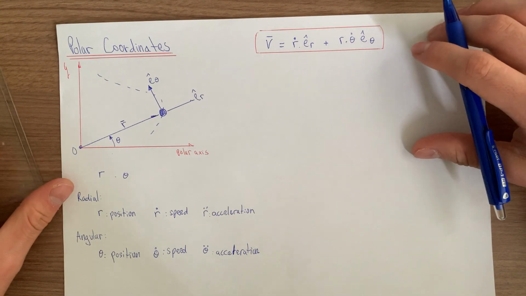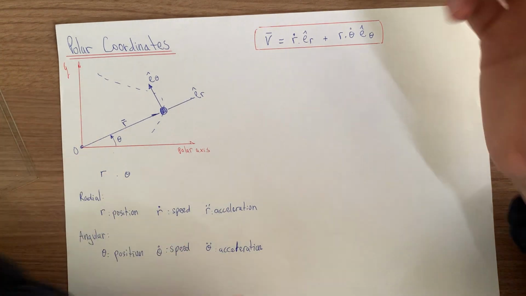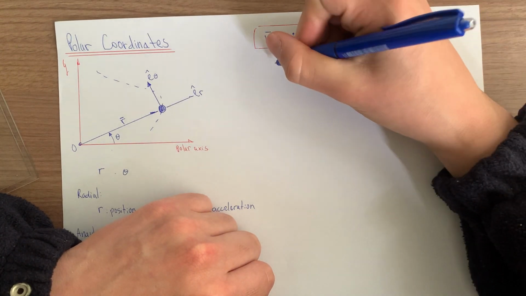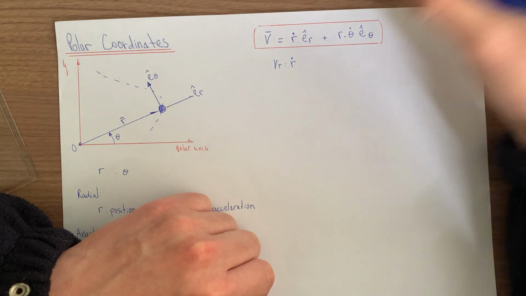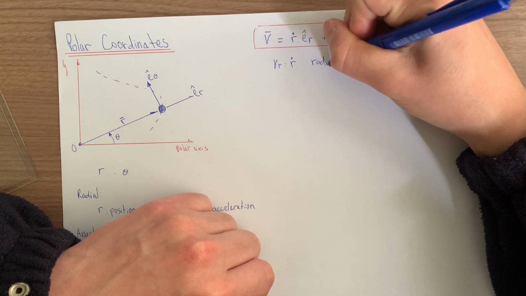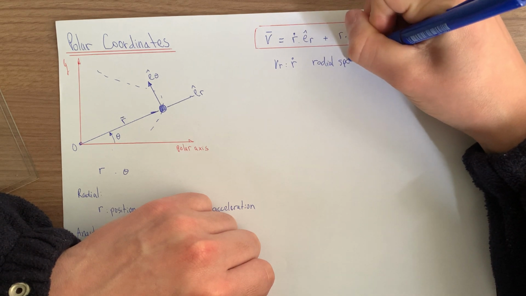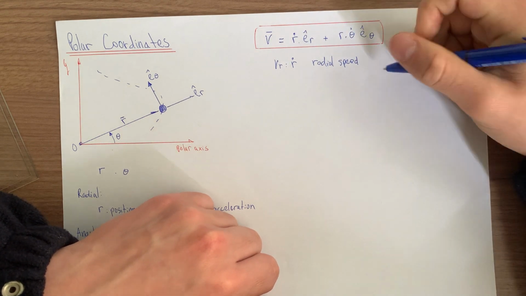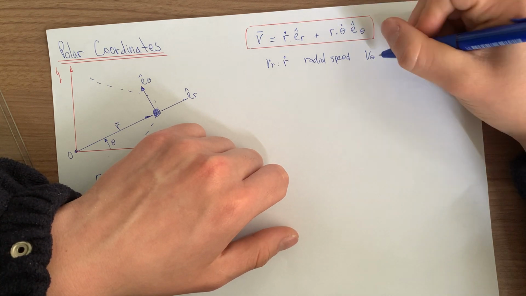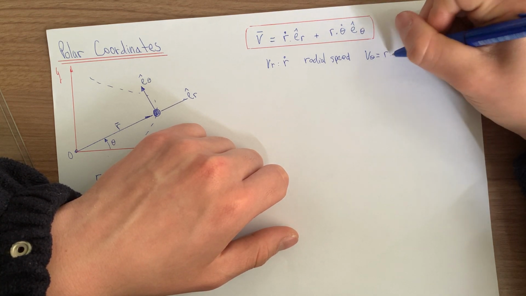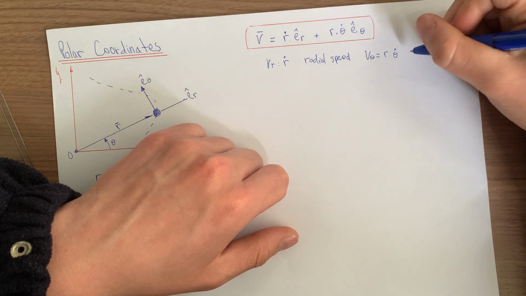Now, we can express this in this way. We have the radial speed as r point, and we also have the transverse speed, which equals r times theta point.